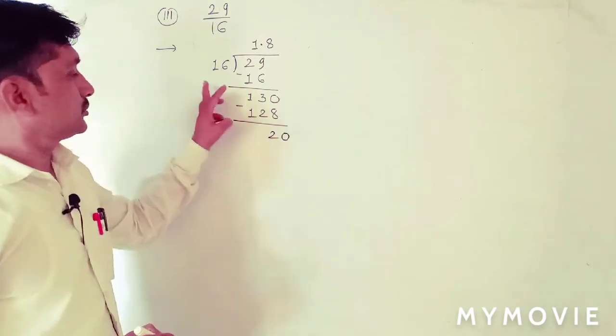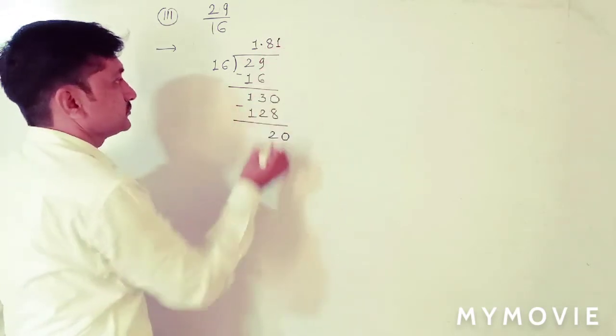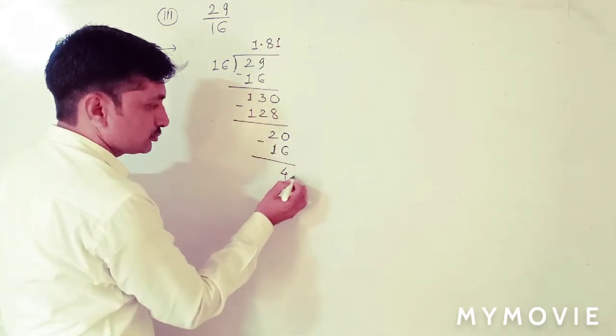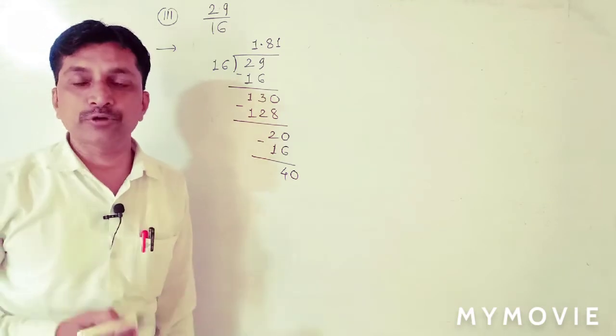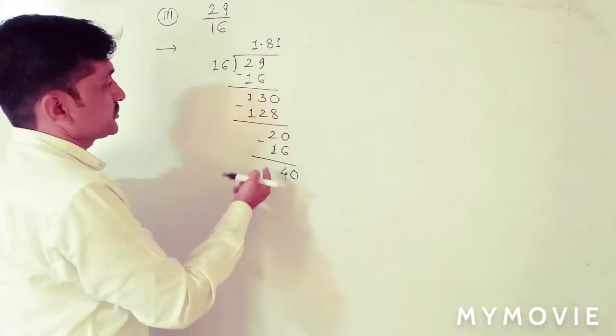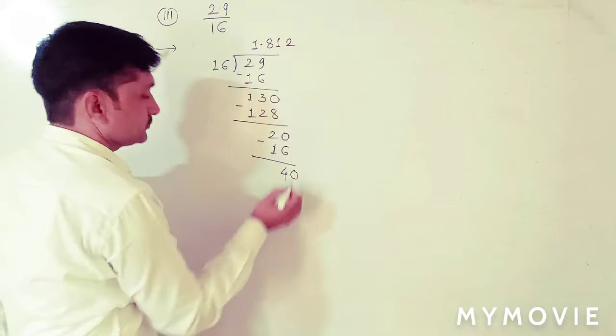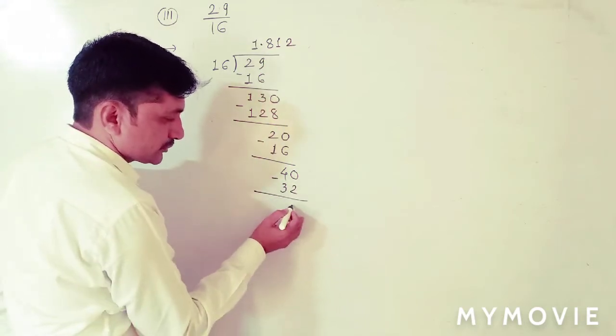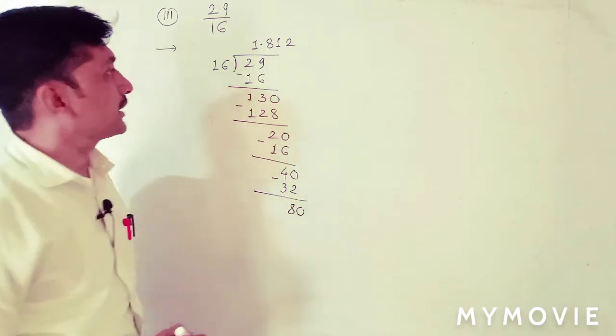Take 0. 16 ones are 16. Subtraction 20 minus 16, 4. Again 0, we have to continue. 16 3s are greater, 16 2s are 32. 40 minus 32, 8, again 0, 80.